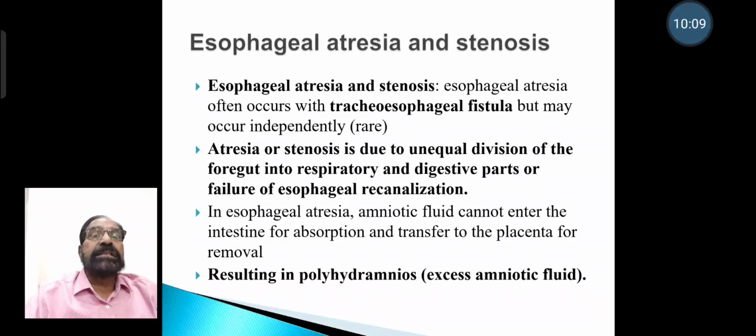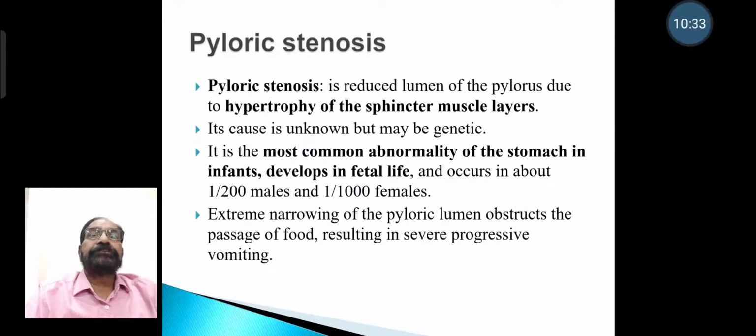Atresia and stenosis is due to unequal division of the foregut into respiratory and digestive parts or failure of the esophageal recanalization. In esophageal atresia, amniotic fluid cannot enter the intestine for absorption and transfer to the placenta for removal, resulting in polyhydramnios or excess amniotic fluid.